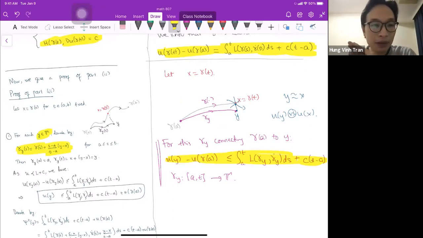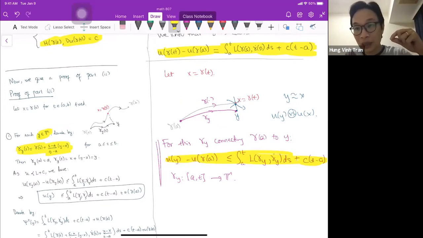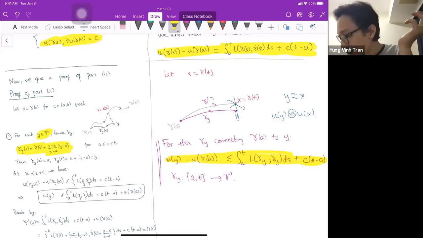The second part is nothing but a line segment connecting from 0 to y minus x. So I'm taking gamma, and I'm also pushing it with a line segment connecting from 0 to y minus x. Okay, let me put a box around it.